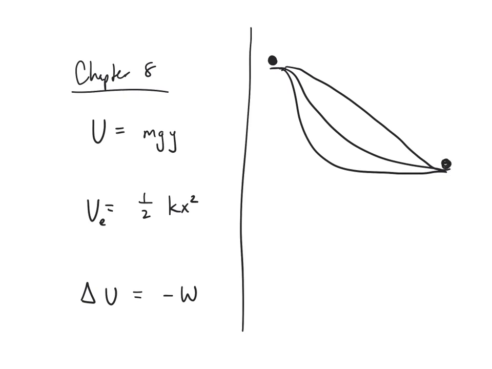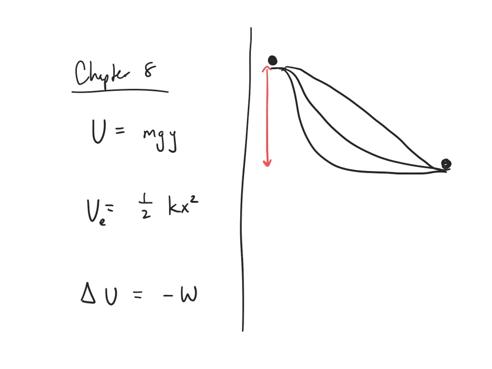The theory behind this is which path will cause the object to gain or lose more potential energy or do more work. And the idea behind it is that you're changing height by the same amount. So no matter which path you take in this problem, you really do gain the exact same amount of energy.